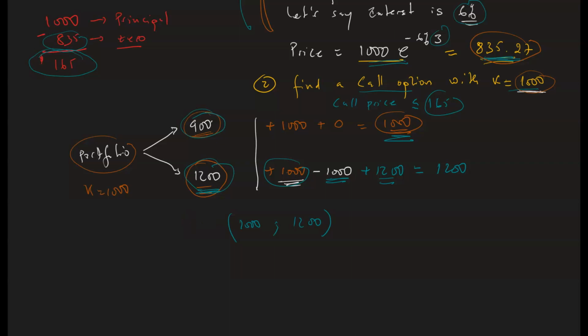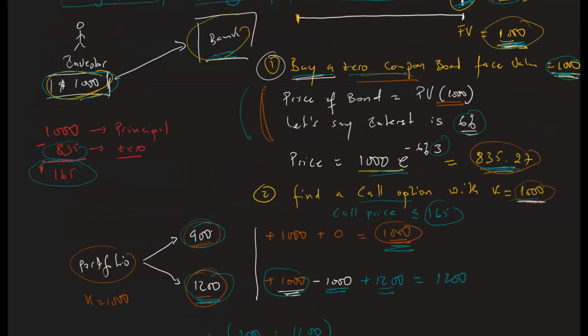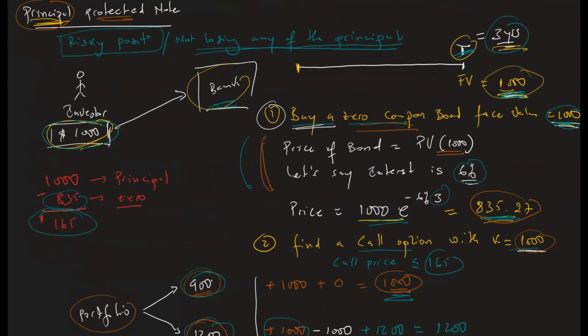It would be one of these two values. All right, this would be our principal protected note, and our principal protected note would be a combination, therefore, of two investments, one in bonds and the second one in options. That will be our first option strategy: principal protected note, bond, and option contract.